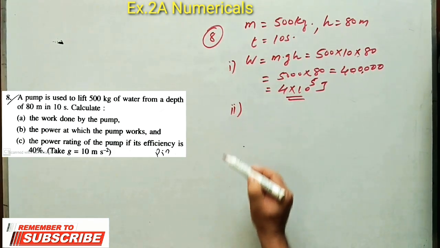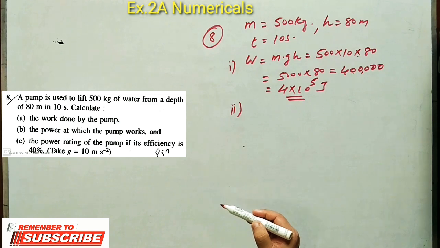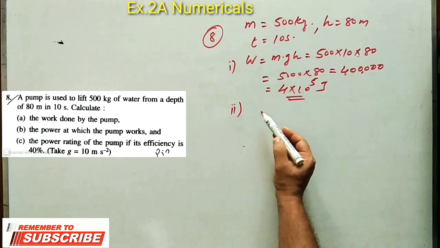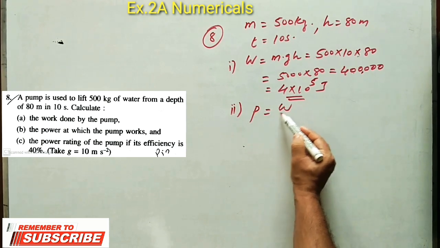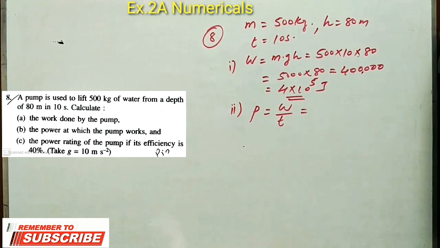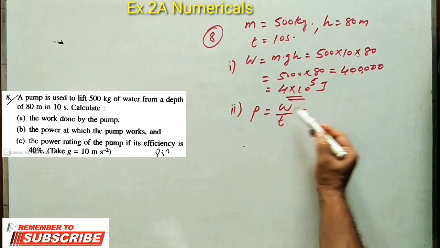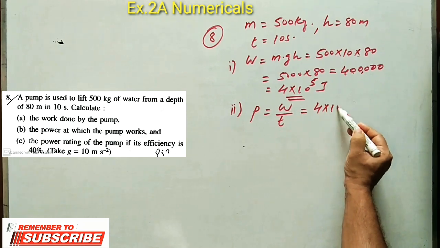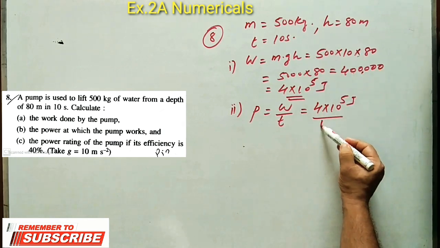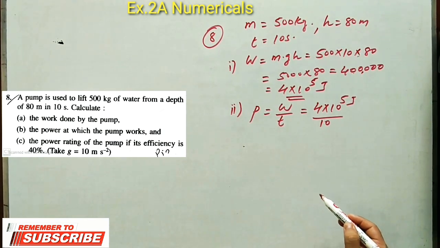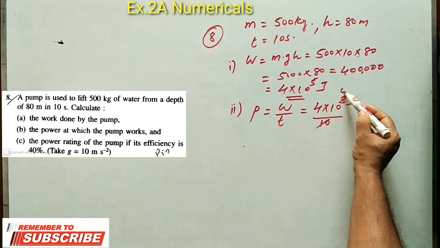The second part, the power at which the pump works, the rate of doing work. Power is equal to, you know the formula, work done upon time. So work done, we have already calculated. Place the value of work done here in the formula: 4 into 10 to the power 5 joule divided by time. Time is equal to 10 seconds. So you are getting 10 to the power 4.